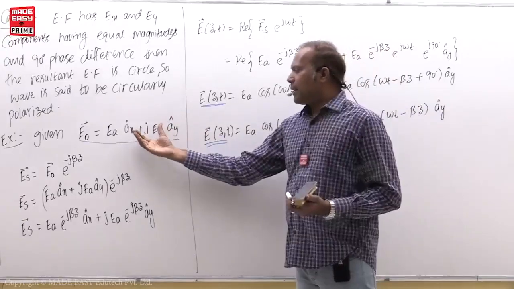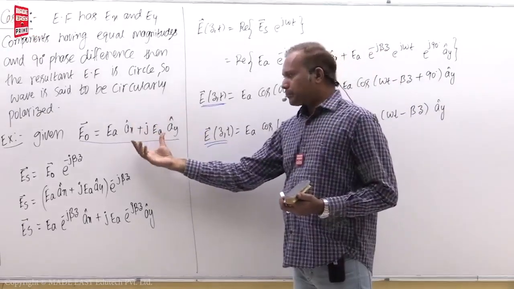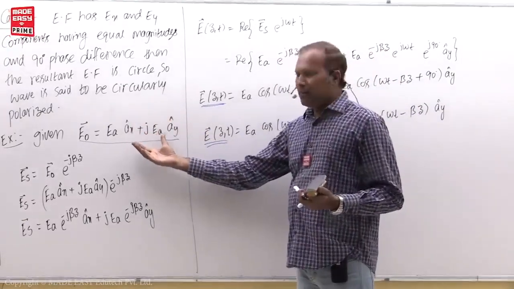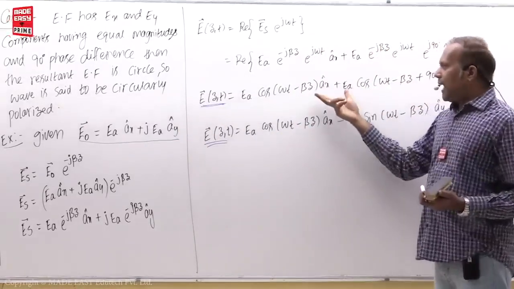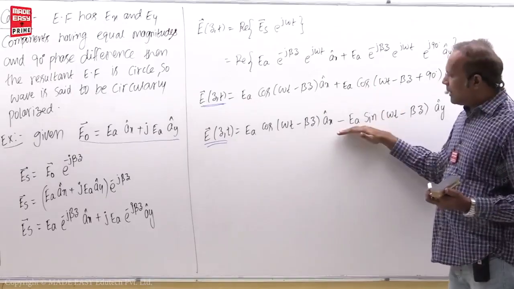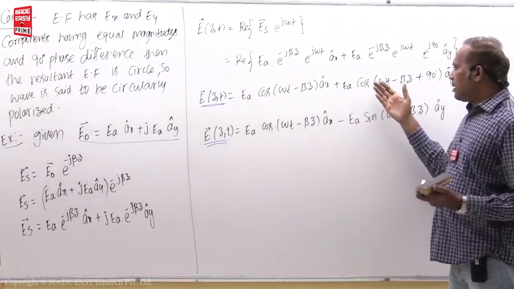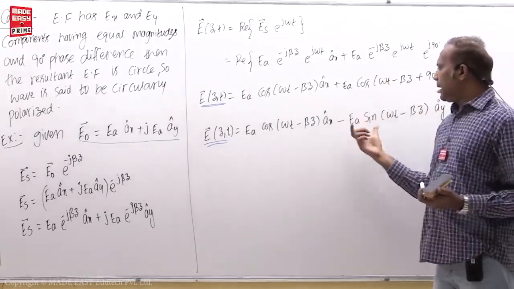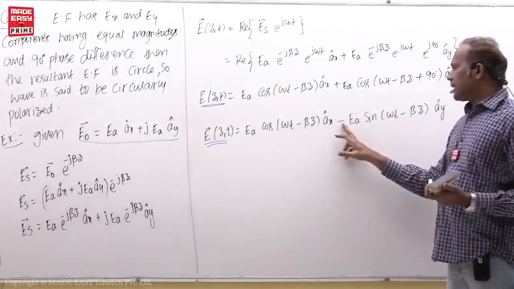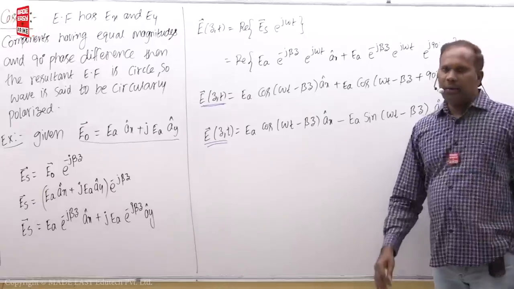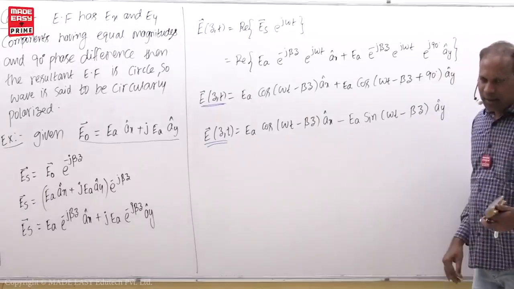This equation is in initial electric field form. This equation is in time domain form. Of course this is also in time domain, but here the equation is written in such a way that this phase and this phase are the same, but here some sign changes are there.